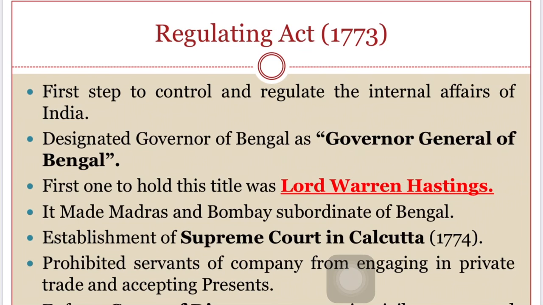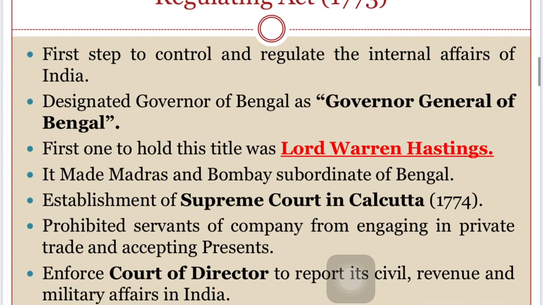So the first Regulating Act, of 1773, was the first step to control and regulate the internal affairs of India. Lord Warren Hastings was the first Governor General of Bengal, so it made Madras and Bombay subordinate to Bengal. It established the Supreme Court in Calcutta in 1774.